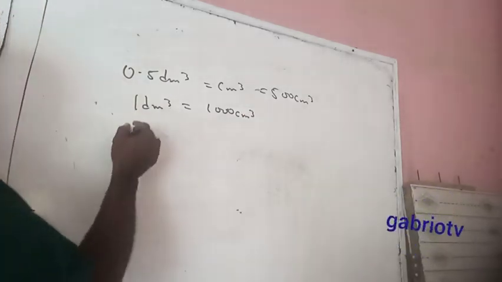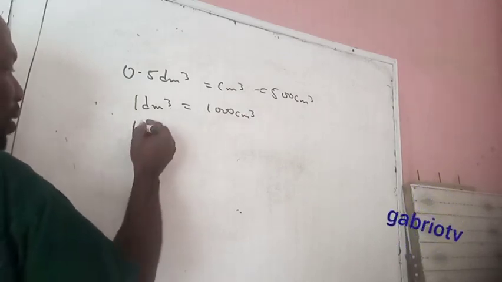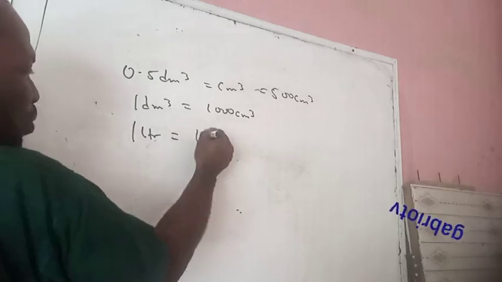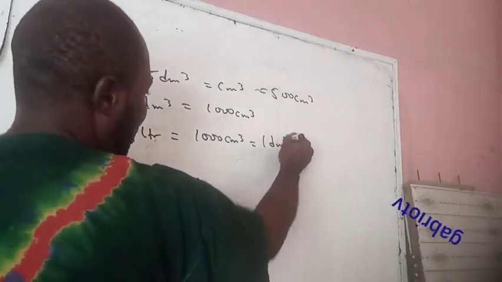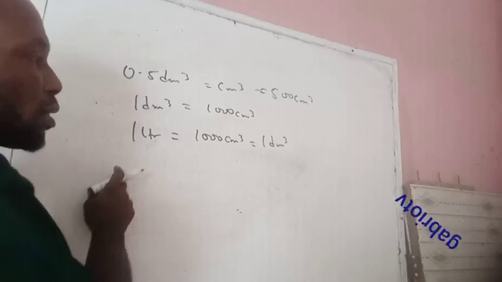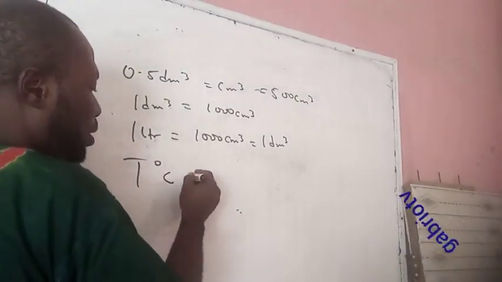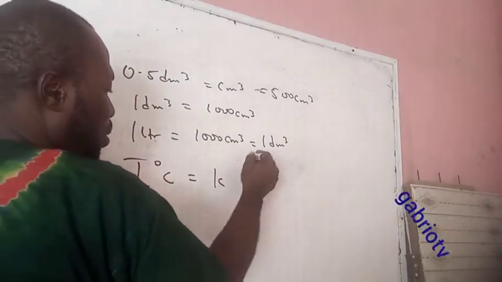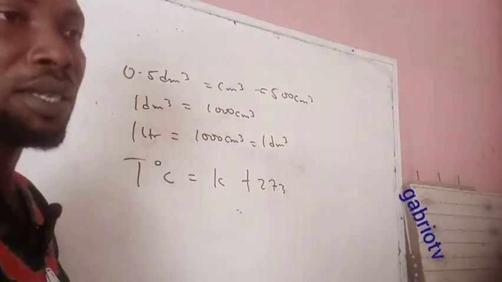Then 1 liter as well, because there are some questions that are given to us in liters. 1 liter is 1000 cm cube, and also 1 dm cube. So if you are studying Charles' law, just take note of these three things for the volume. Then for the temperature, it is always degrees Celsius to Kelvin, plus 273. I think that is all about the Charles' law.